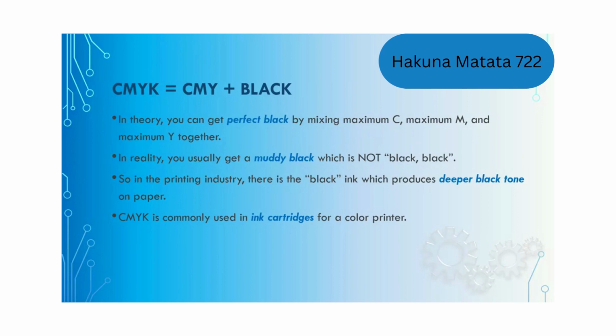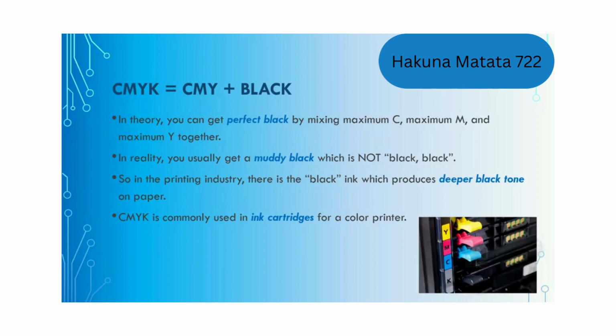If you're mixing the maximum amount of C, M, and Y together, you get black. But usually you get muddy black instead of pure black. So that's why usually there's an additional black ink for black color. And CMYK, K means black, is commonly used in ink cartridges for printers.